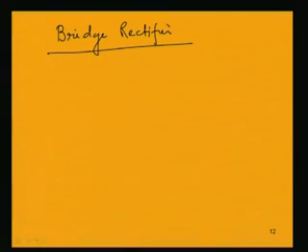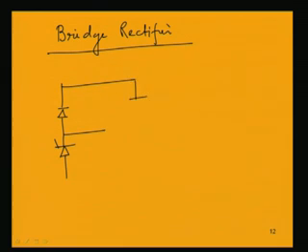So, what will be the shape of the bridge rectifier? It is having a diode and thyristor in series like this, we will be having pairs of diode and thyristors, they will be conducting in pairs.